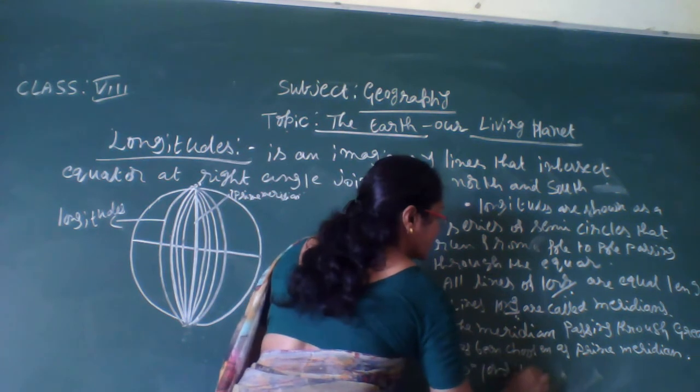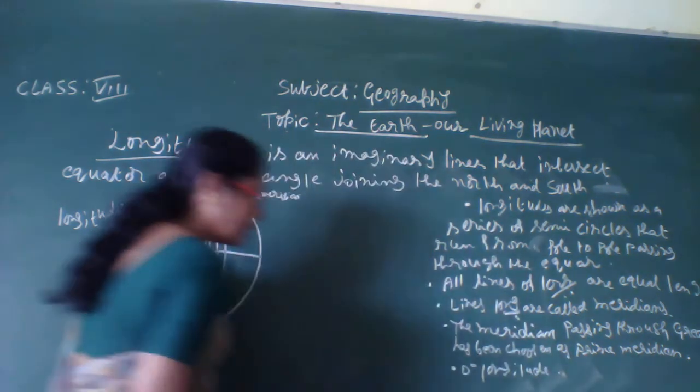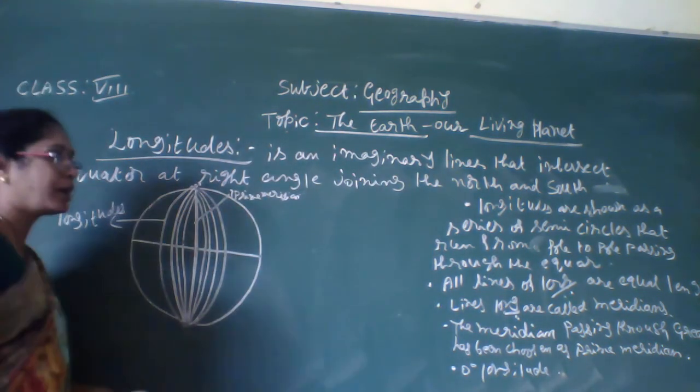So the 0 degree longitude is known as the prime meridian.